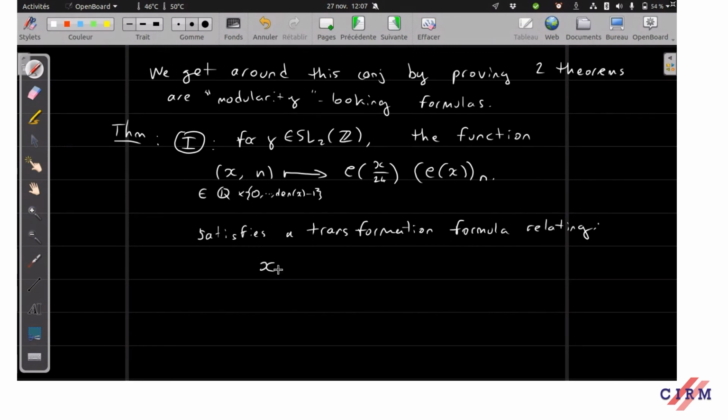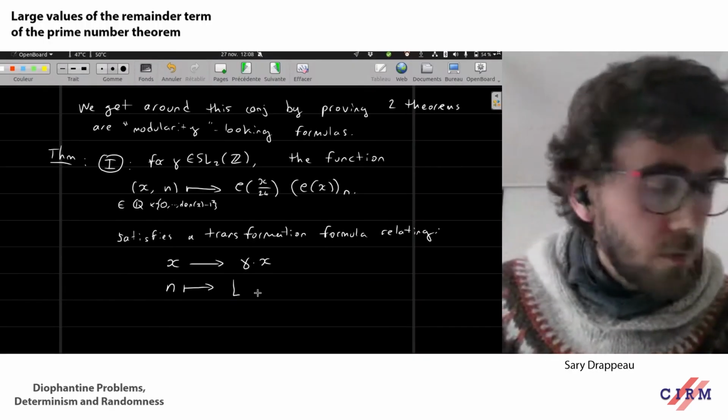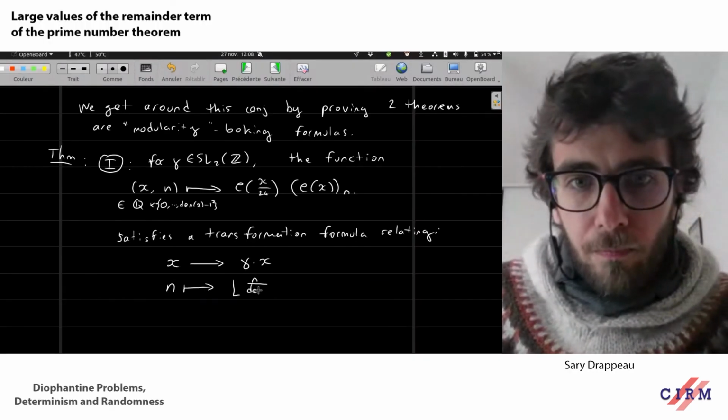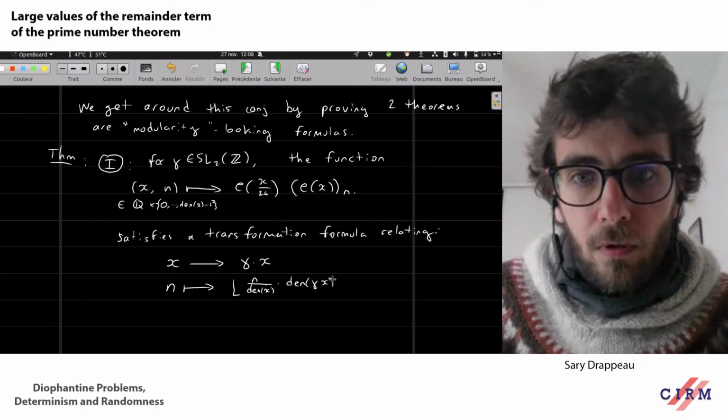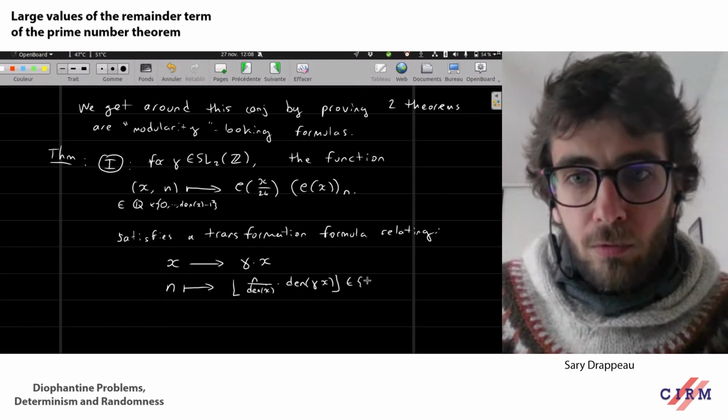It's a formula which relates x, which sends x to gamma x, like a modularity relation, and it sends n to the floor part of n divided by denominator of x times the denominator of gamma x. And this is a number between 0 and the denominator of gamma x.